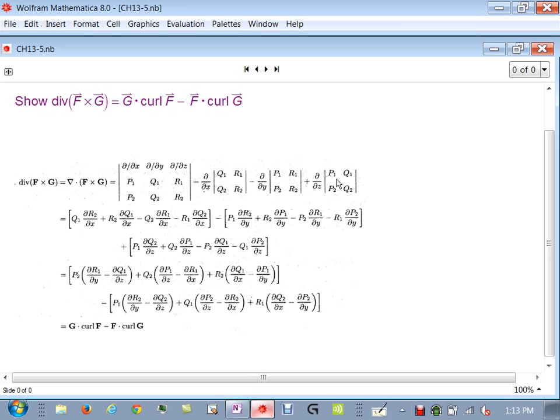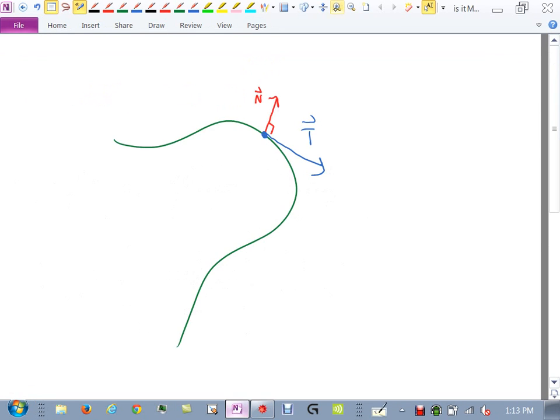Okay, but here's what I want to show you. I want to show you just this piece right here, and how it turns into this. Then the other two will work the same way. So let me show you that. It's the partial with respect to x of the determinant Q1, R1, Q2, R2.